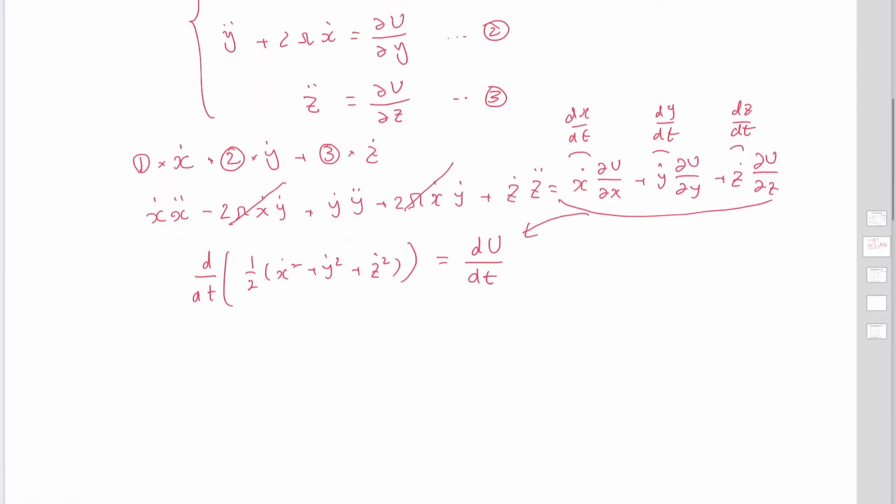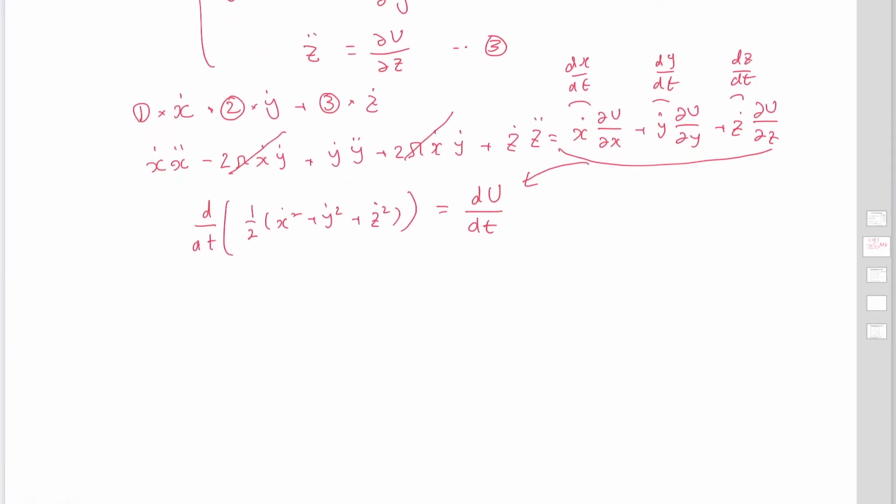Then from these equations we can move the right-hand side to the left-hand side and combine: 1 over 2 times x dot squared plus y dot squared plus z dot squared, minus U, equals 0.